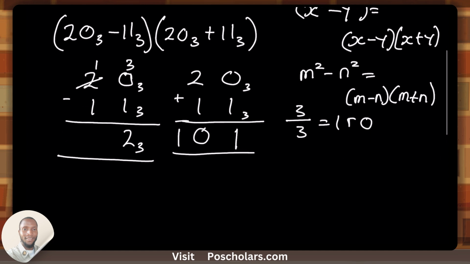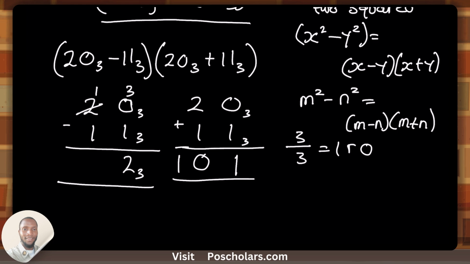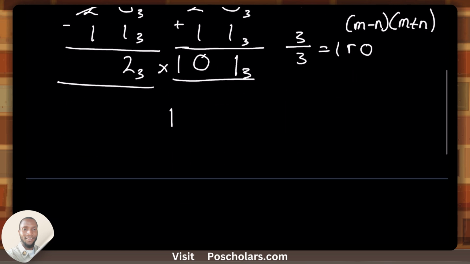Now, you are not done. What do you do next? You have to multiply. We have simplified this and we have simplified this. Next, we have to multiply them. That means we are multiplying 2 base 3 times what? 101 base 3. So let's do that. 101 base 3 times 2. Multiplication. So let's go. 2 times 1 gives 2. 2 times 0 gives 0.